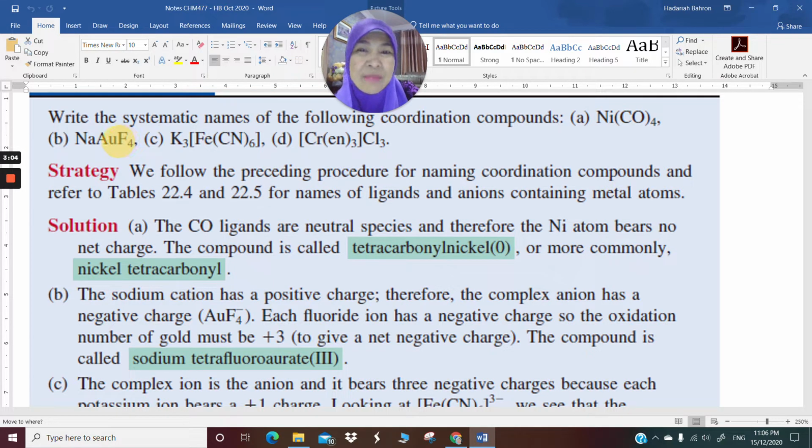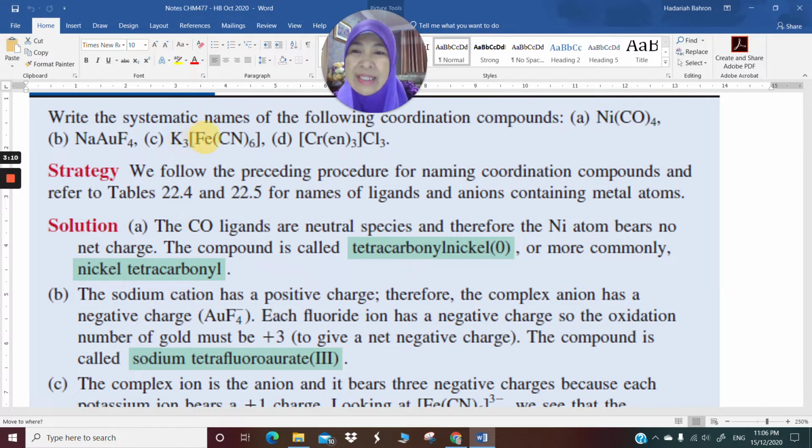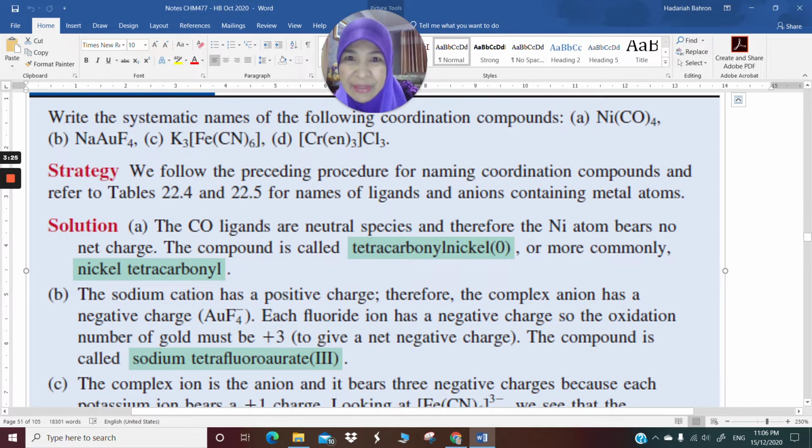So aurum becomes aurate. And for this one, it's potassium space hexacyanoferrate(III). Why ferrate? Again, for the same reason, because this whole thing in the square bracket is negatively charged, so it is ferrate.